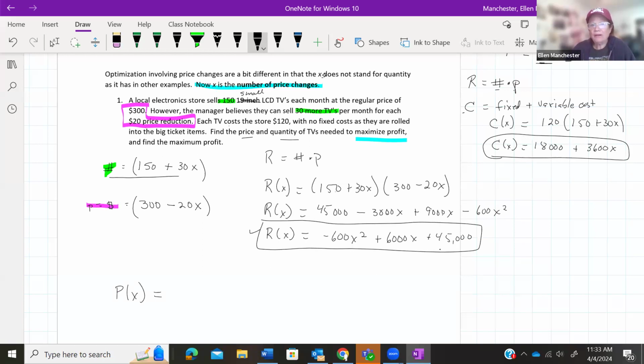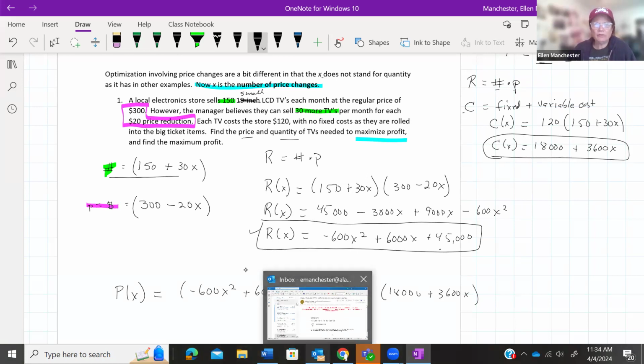All right, now we're finding the profit. So we're going to do our revenue minus our cost. Okay, so we're just going to simplify it.